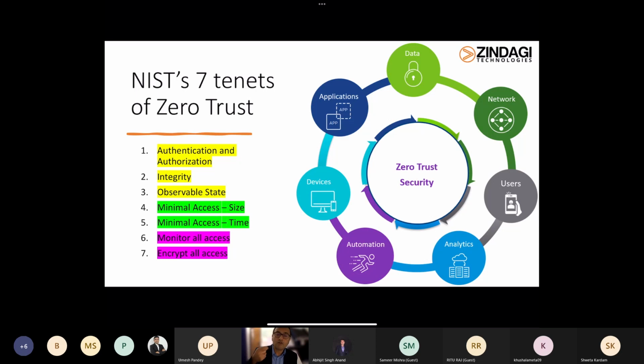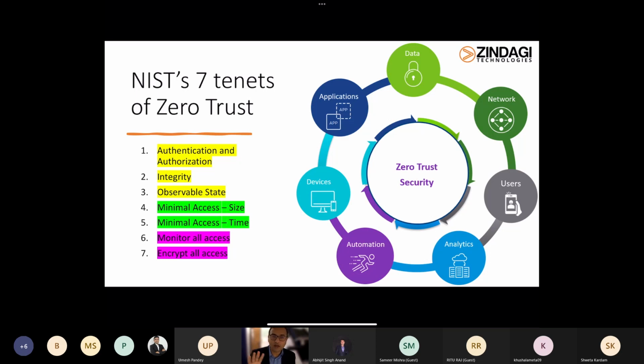For example, where you are logging from, what time are you logging from, what physical medium are you using to log in, what type of device are you accessing, what minimum deviations will I allow for you to come in? Are there any changes in behavioral patterns? Has your behavior changed as a user? All these things will be kept in mind before I even allow you to access my data, right?